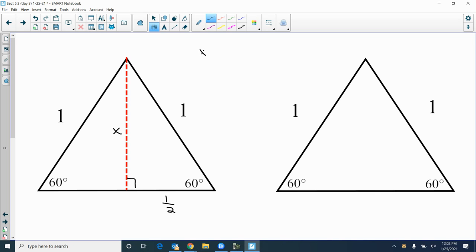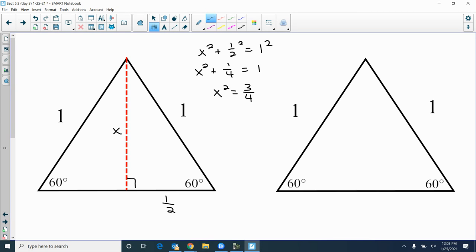x squared plus 1/2 squared equals 1 squared. Now, don't fill that in yet. You can just do this above it or beside it, or just watch, either way. What's 1/2 squared? That's going to be a fourth. 1 squared is 1. 1 minus a fourth is 3/4.